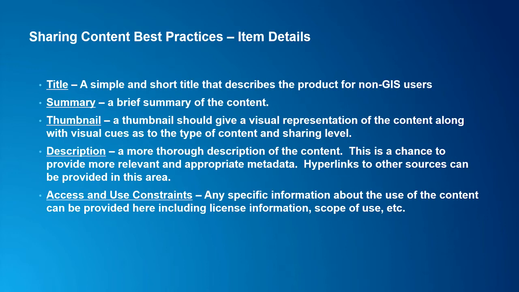Things like a title that's brief and descriptive and makes sense for non-GIS users. Having a good thumbnail that gives a sense of what the details are. A description gives you a chance to provide a lot more details about the specific item, and perhaps provide hyperlinks or images to other sources.